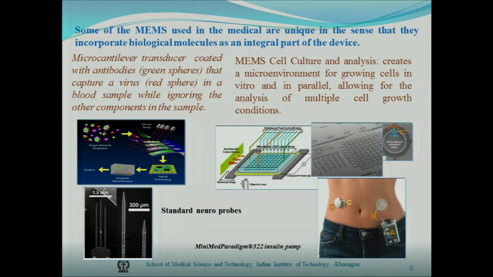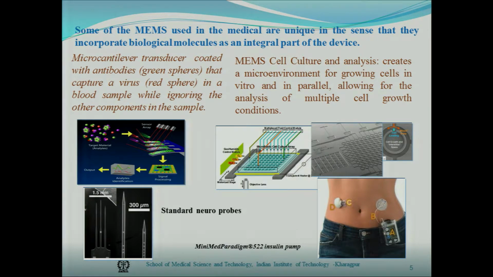This is some ACM photograph showing the neuro probes. Sometimes we have to sense the electrical signal from the neurons, which is very thin, very small, as well as very soft. So, as I told, these probes should have a dimension which is compatible to that of the neuron dimensions.